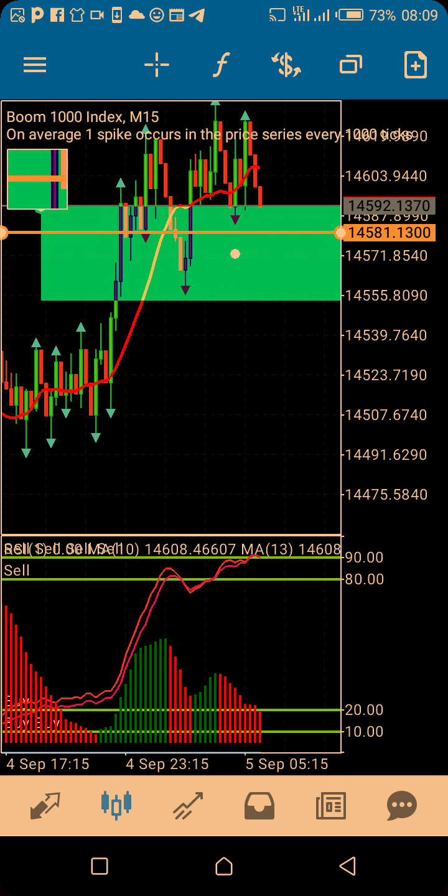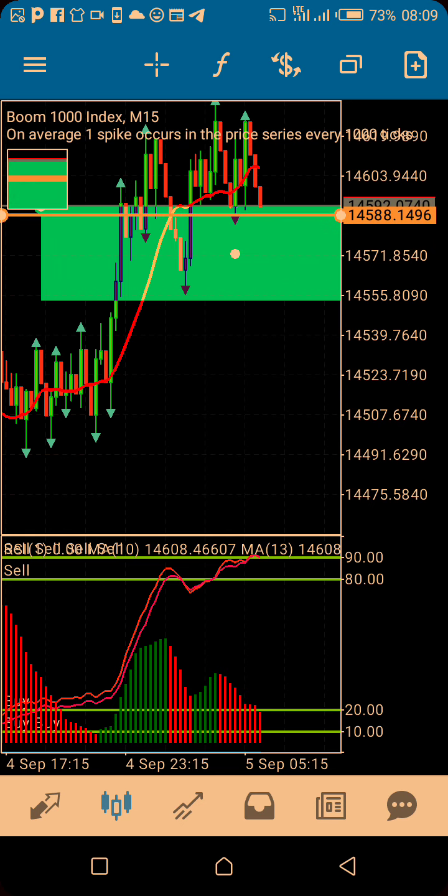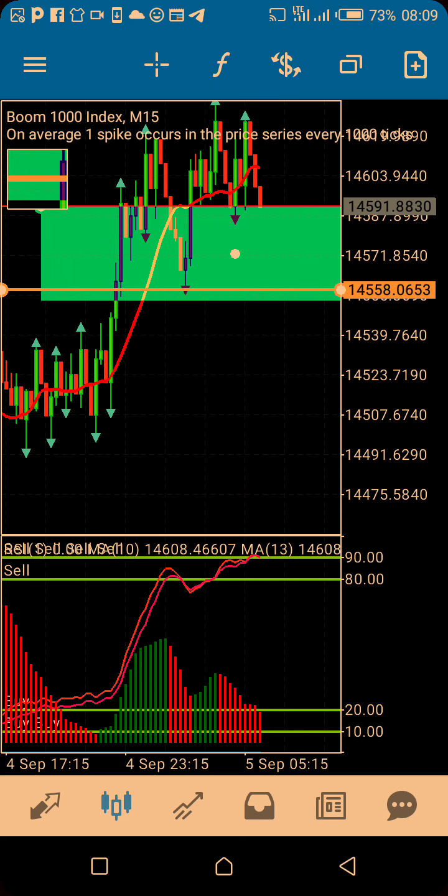If you enter from here and you are expecting it to shoot from here, your risk ratio is from here up to here. Since this is still a good sell, it shows that it will penetrate this one. It might shoot here, but it will continue selling until it reaches this point.